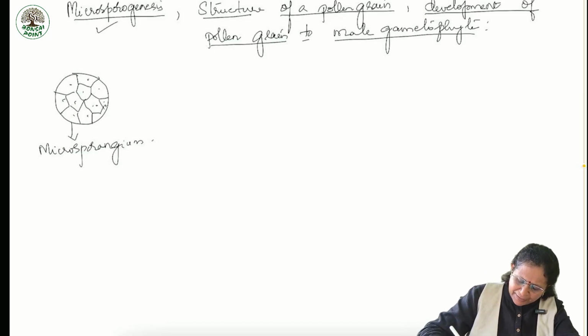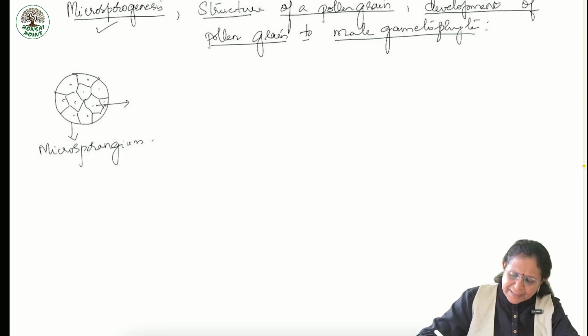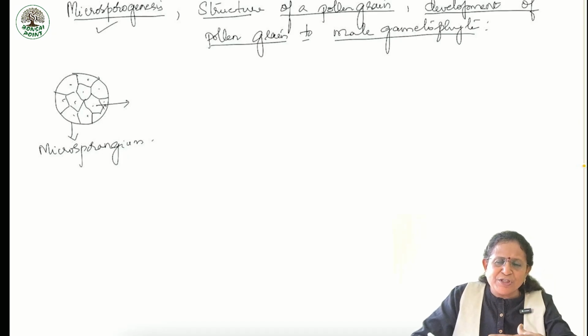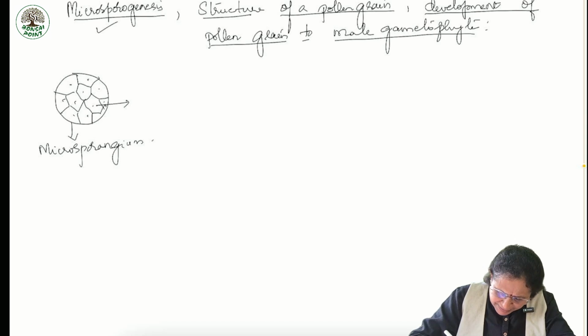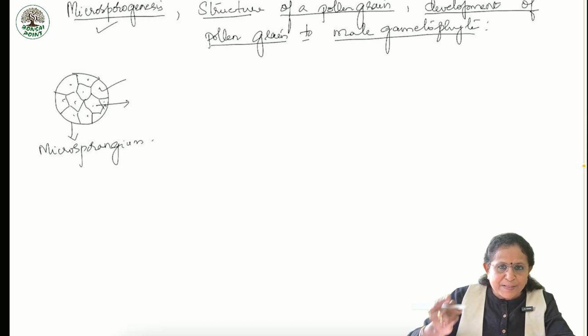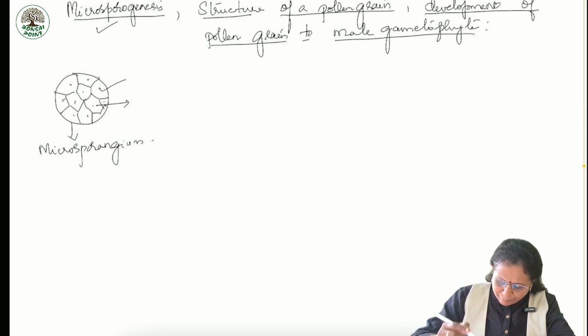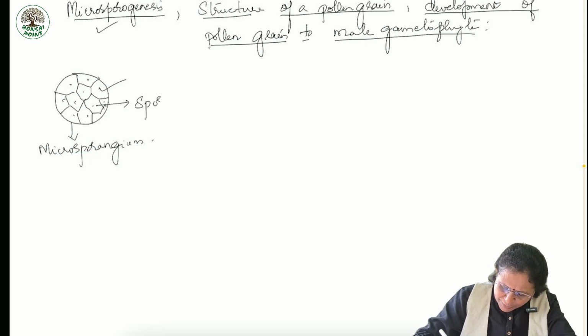These cells, that is the sporogenous cells, will act as the microspore mother cells. Each cell of the sporogenous tissue. What is this totally called? Sporogenous tissue.